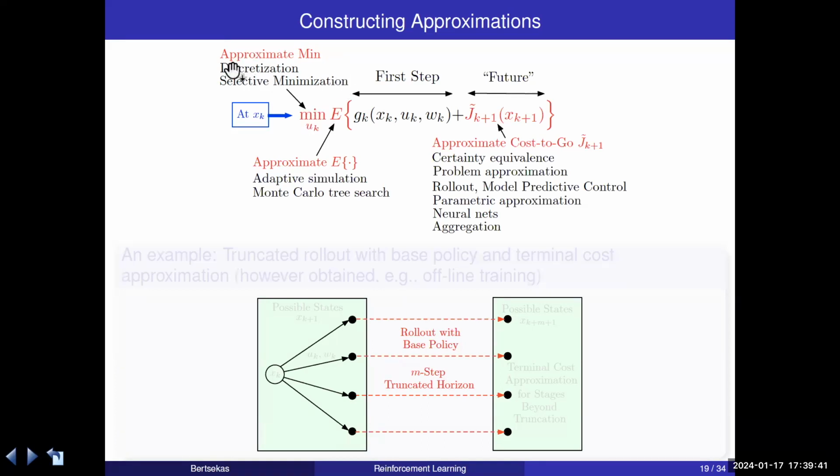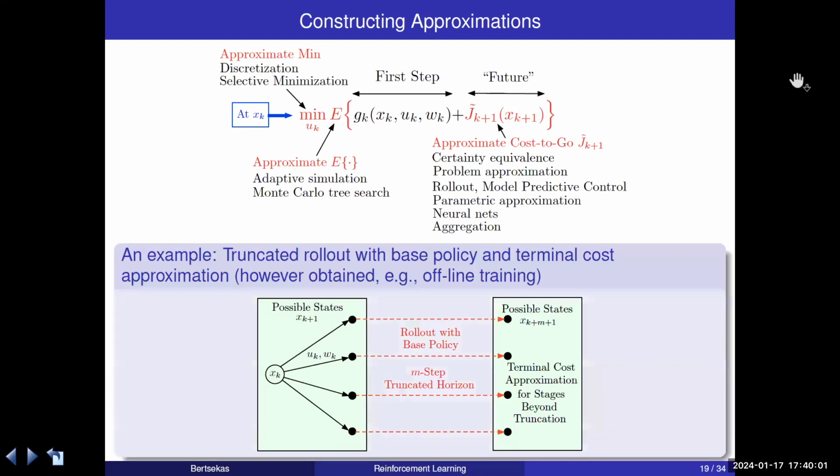That will simplify this minimization. All of these tricks are part and parcel of the methodology of approximation in value space. And this can apply to both one-step look ahead and multi-step look ahead. We're going to talk about all of this at one time or another in various contexts.